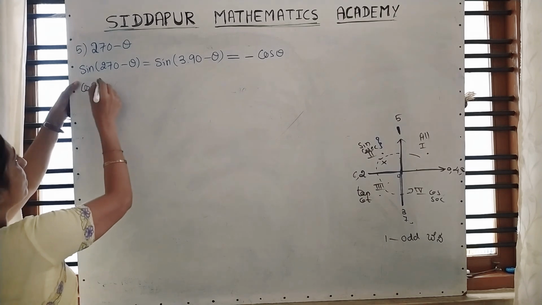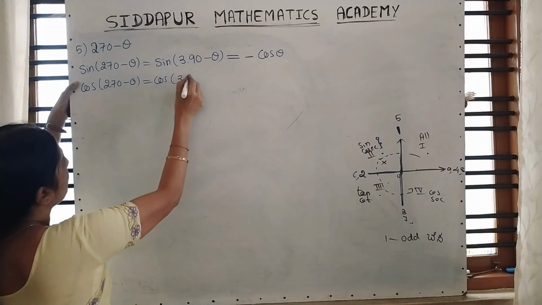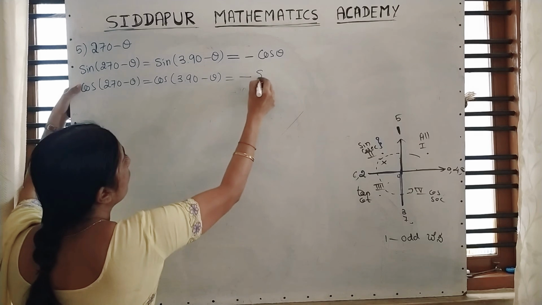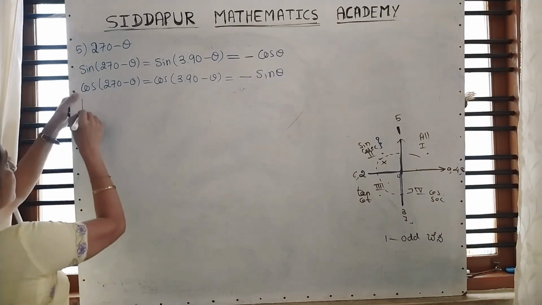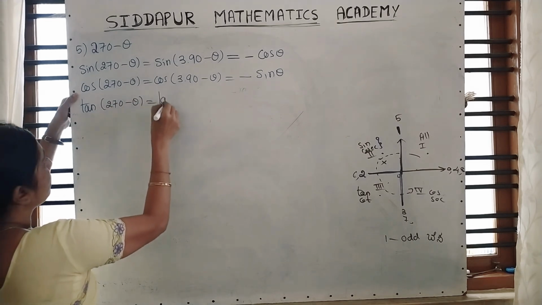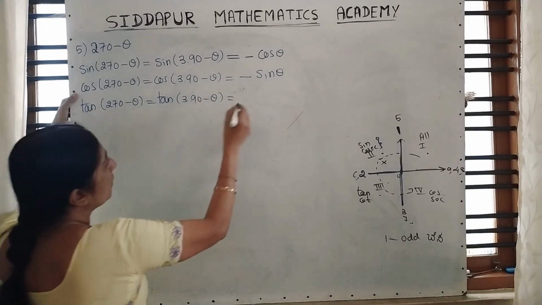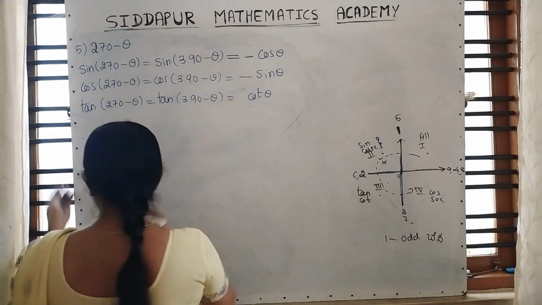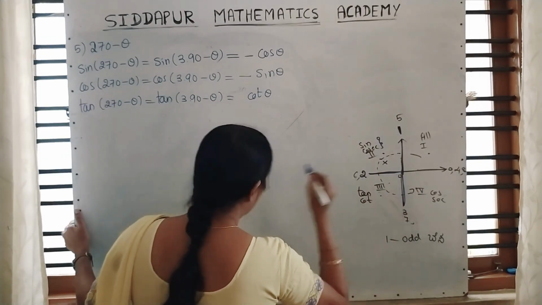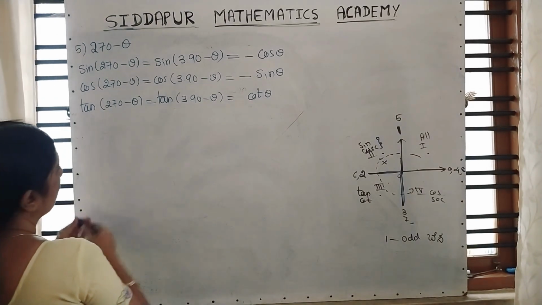Next. Cos is also negative, because of the odd number, cos changes to sin. Odd number, tan changes to cot, but this is the line 3 into 90 minus, the third quadrant. In the third quadrant, tan is positive, that's why the answer is positive.